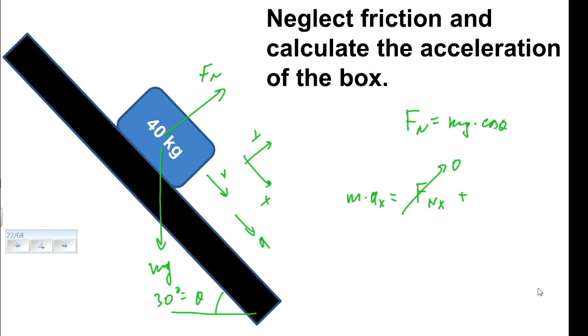Plus, now we need to use this component, mgx. And it's positive, so plus mgx. Again, m a, because acceleration equals this component, mgx.